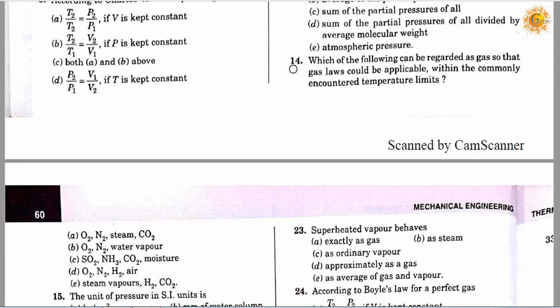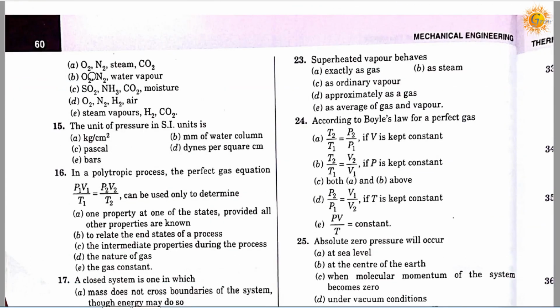Question number 14. Which of the following can be regarded as gas so that gas laws could be applicable within the commonly encountered temperature limits? Option A, O2, oxygen, nitrogen, steam and carbon dioxide. Option B, oxygen, nitrogen, water vapor.